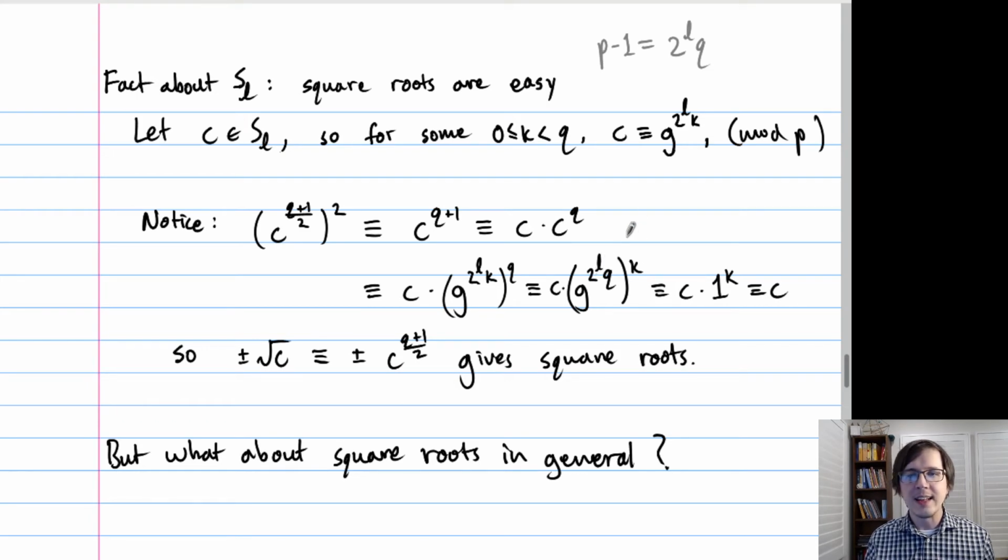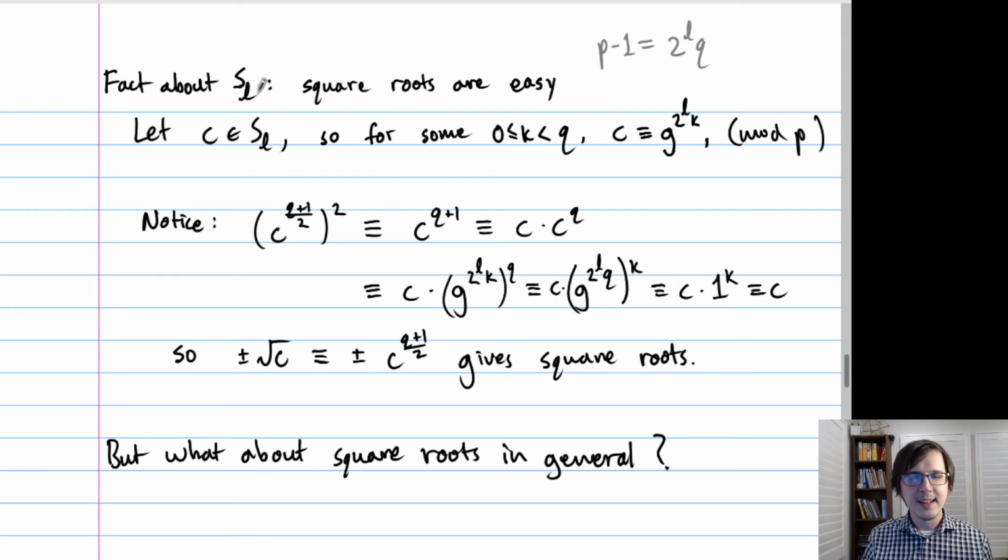And because 2^L q is p minus 1, by Fermat's little theorem that's 1. So it's congruent to c mod p, which means this is a valid square root. And so the square roots are plus or minus that. It's convenient to know that we can just get them.